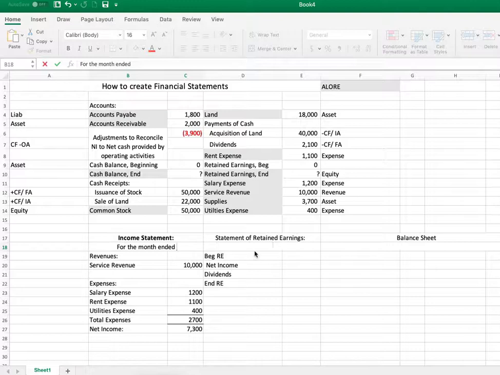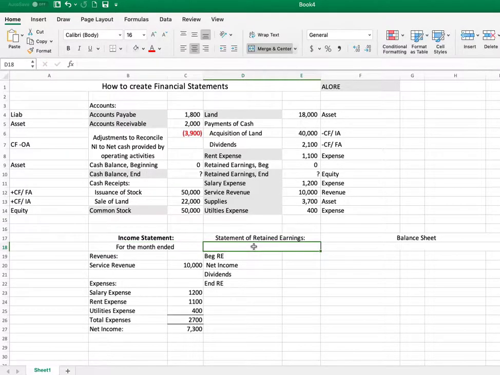The next statement we will build is the statement of retained earnings. Now what I want you to see here is the statement of retained earnings basically reflects the beginning retained earnings plus net income minus dividends, which is going to give you ending retained earnings. Now what is retained earnings?